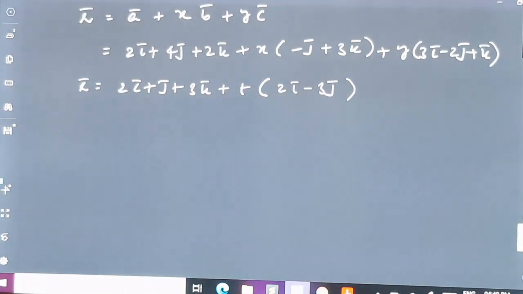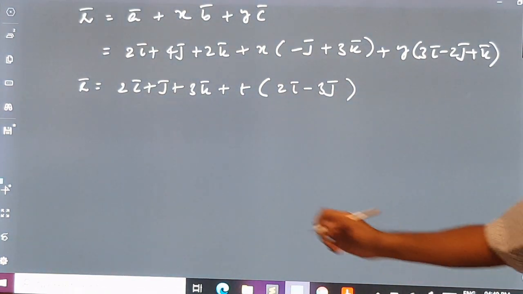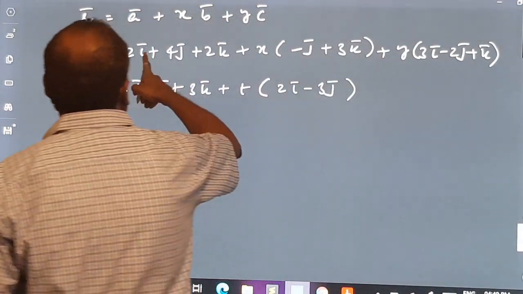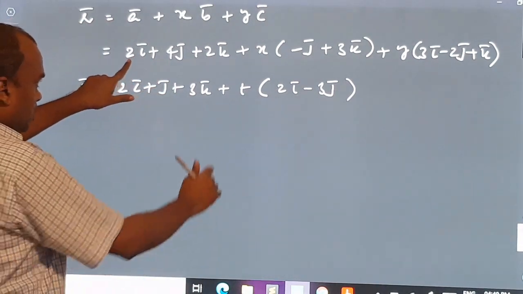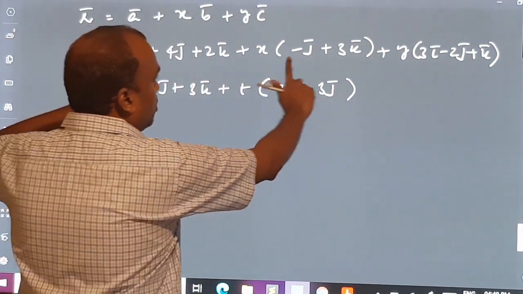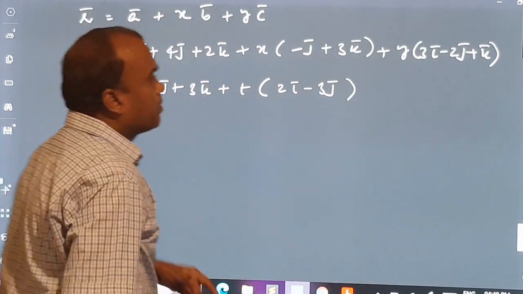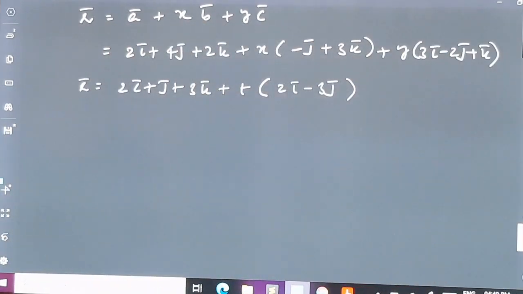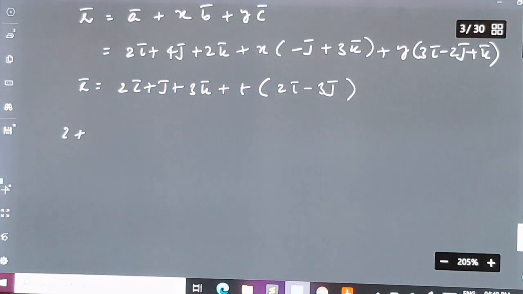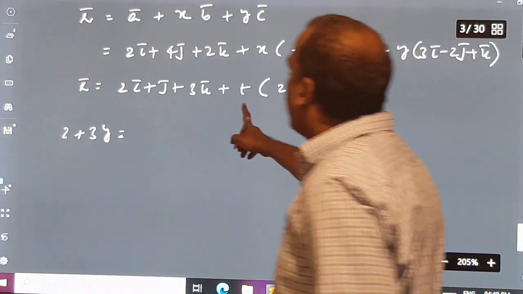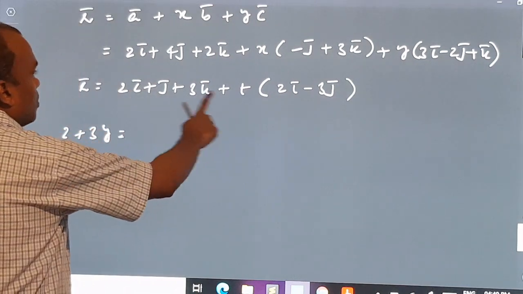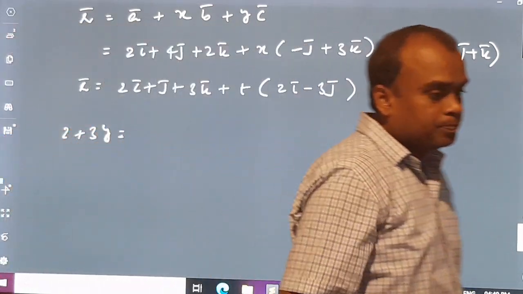Equating corresponding components, for i bar you can see that here I have 2 plus 3y, and over here, for i bar, it is 2 plus 2t.